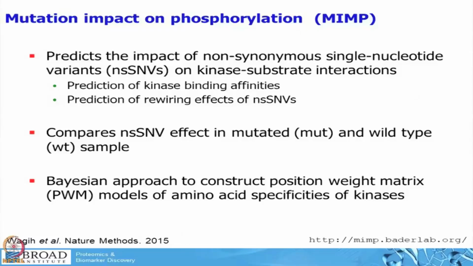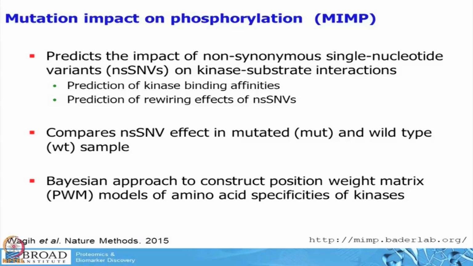Okay, so MIMP does exactly what we've just talked about. It predicts the impact of non-synonymous SNVs on kinase substrate interactions. It predicts kinase binding affinities and whether a mutation rewires protein or phosphosignaling networks. The principle is that it compares the effect of mutated and wild type samples.